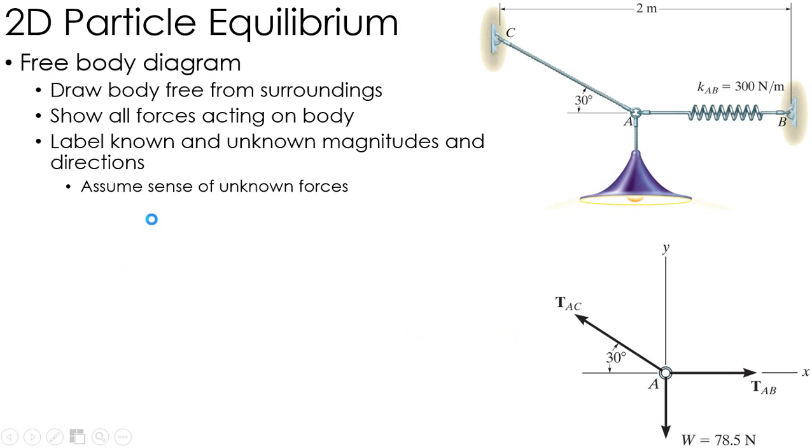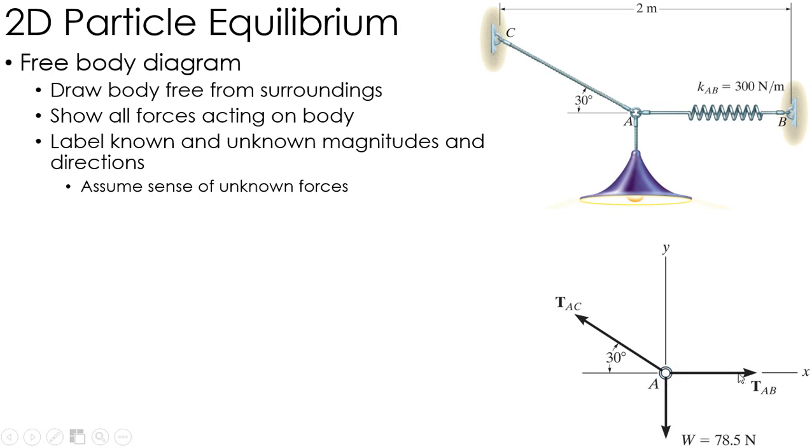If you have any unknown force, you can just make an assumption that it's in one direction or another. You'll see what happens if you make the wrong assumption. It's not a big deal. So an example that I have here is just a lamp being held with this cable and this spring. The particle I'm looking at is actually A, and that's what I draw my free body diagram of. So there's A. I'm just that little ring there. I have the weight of the lamp known at 78.5 newtons, so I draw that down.